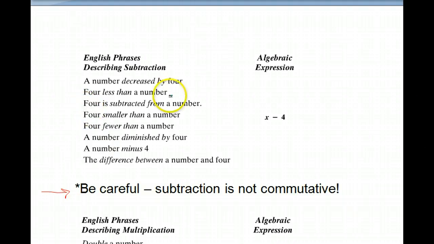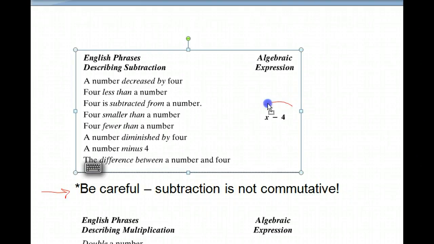A number decreased by 4, 4 less than a number, 4 is subtracted from a number, 4 smaller than a number, 4 fewer than a number, diminished by 4, a number minus 4, the difference between a number and 4 are all phrases that can represent the algebraic expression x minus 4.